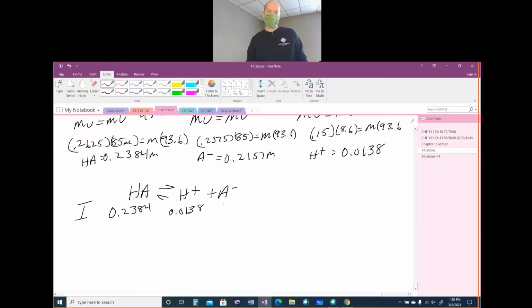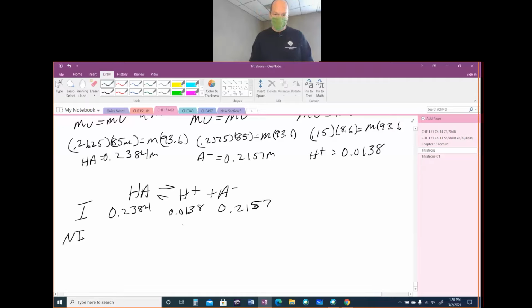Initial A minus, 0.2157. All right, so whenever you have your initials, something on the right has to be 0. If you do not have something on the right that is 0, you have to get a new initial. We do not have anything on the right that is 0. So the smaller number is going to go to 0.